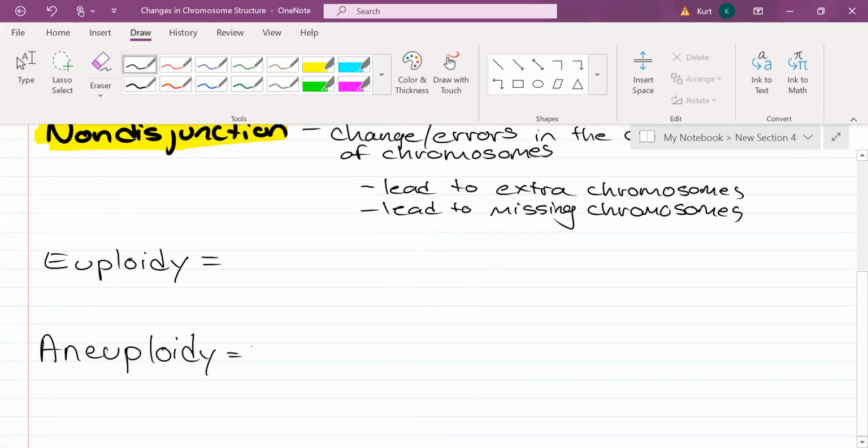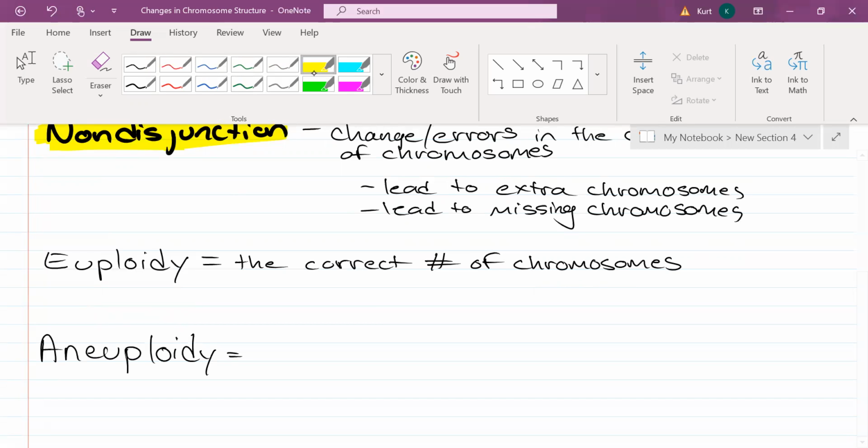So euploidy simply means the correct number of chromosomes. I would assume you guys are euploidic, where you're demonstrating euploidy. You're expressing euploidy. You would be euploidic, like expressing diploid means you're diploidic, or you're just diploid.